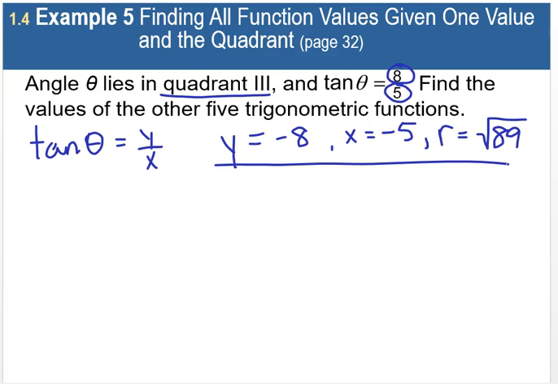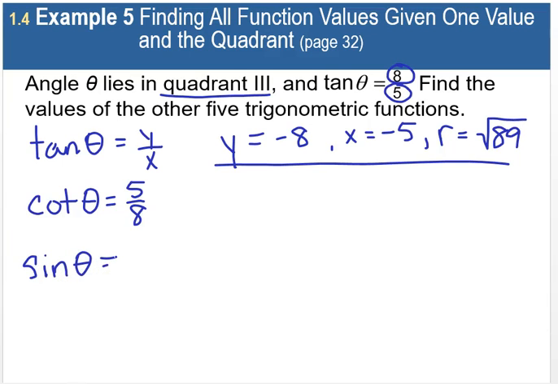We can figure out what sine, cosine, already got tangent, cotangent, and secant and cosecant all are from this right here. Really, right off the bat, we should know what cotangent is equal to. Cotangent is going to equal the 5/8, just the reciprocal. Let's go ahead and write that. Now, cosine, or let's do sine.